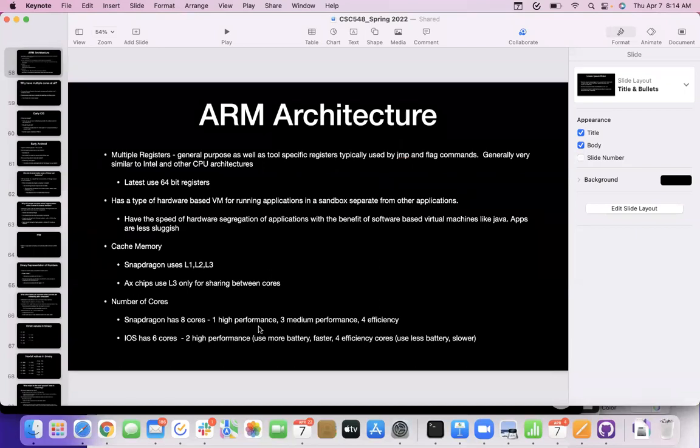iOS, really, we're talking about the AX chips. These guys have 6 cores. I think as we see them evolve, we're going to see more cores, but this is their rough mentality. So they give you a couple of high performance cores and then the rest in lower performance, less battery, slower cores.